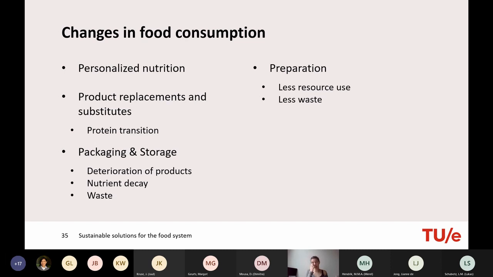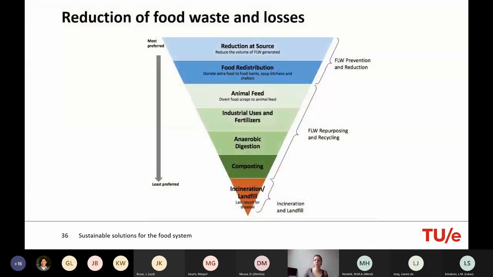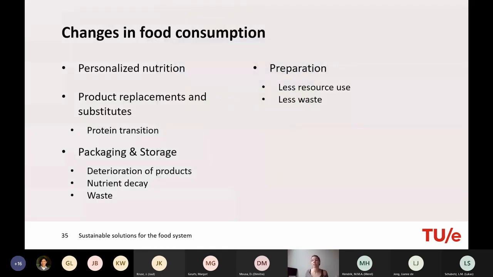If I put a plant-based sausage in the pan, it takes way less time to cook than an actual meat sausage, because that needs more energy and needs to cook through thoroughly. And maybe I can also change the preparation in such a way that I create less waste in the system.